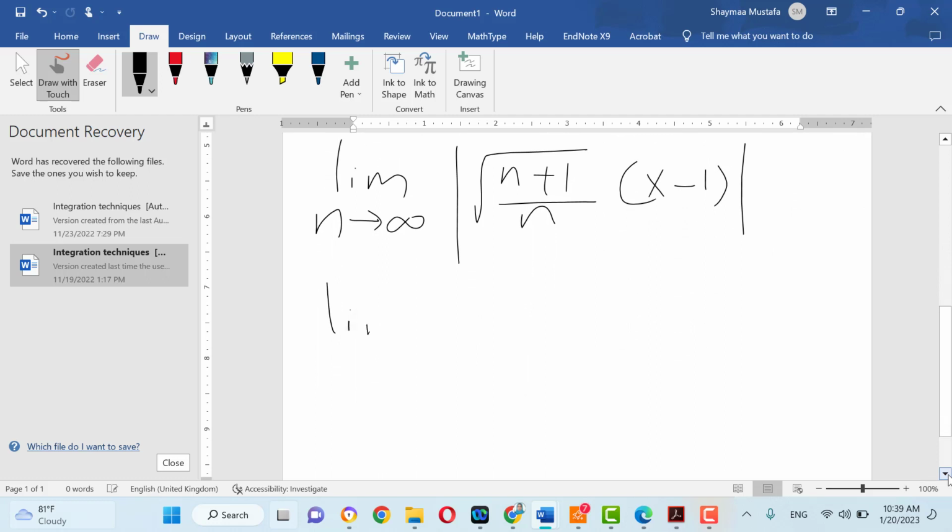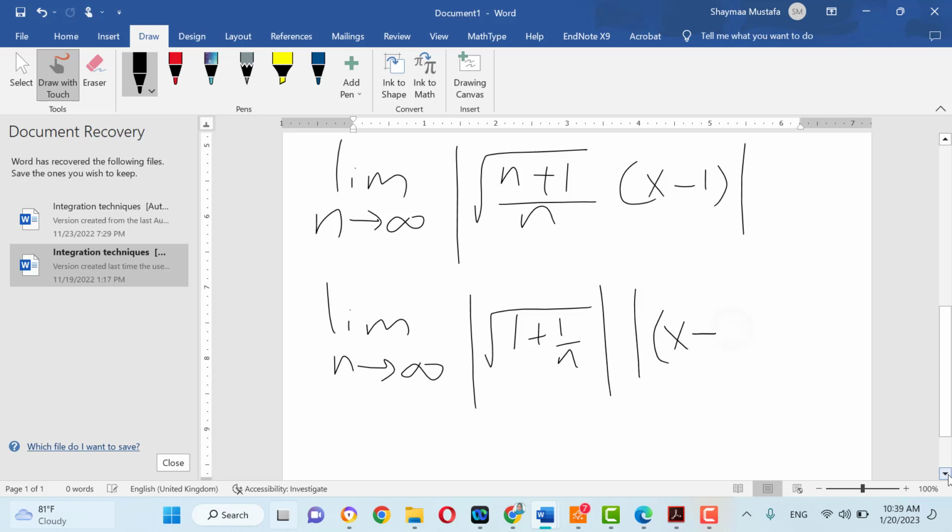And this one equals the limit, when n goes to infinity, of square root n over n, which is 1 over square root n, times the absolute value of x minus 1.